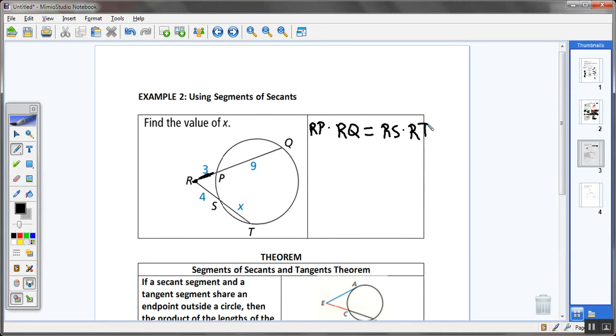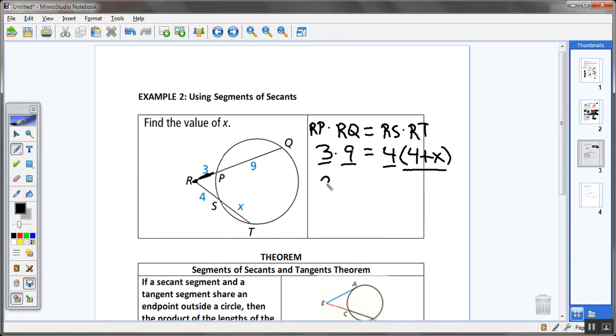So the values I'm simply going to plug in are the following. RP is 3, RQ is 9, RS is 4, and RT is kind of the tricky one. You've got to take that as 4 plus x. Okay? So it's the outside part times the whole part equal to the outside part of the circle times the whole part.